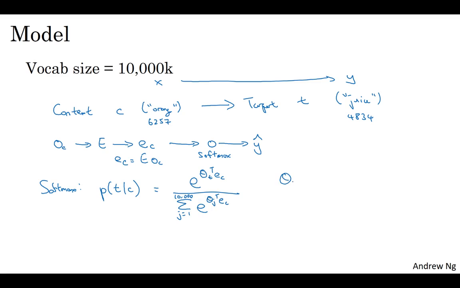So here, theta T is the parameter associated with output T. You know, really, there's a chance of a particular word T being the label. So I've left off the bias term in this softmax, but we could include that too if we wish.